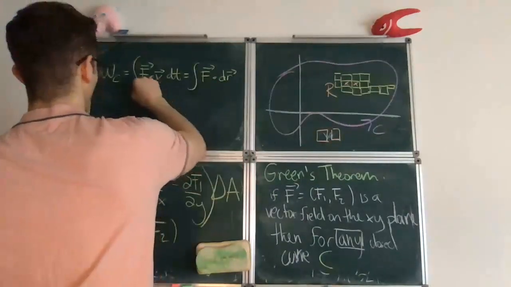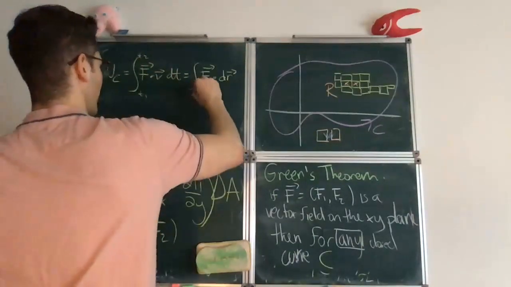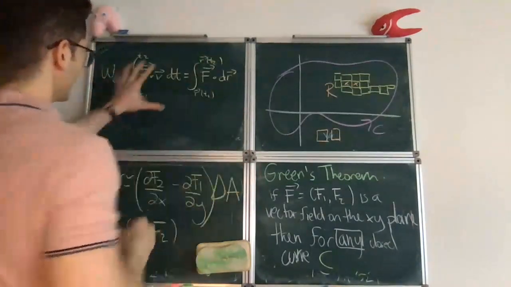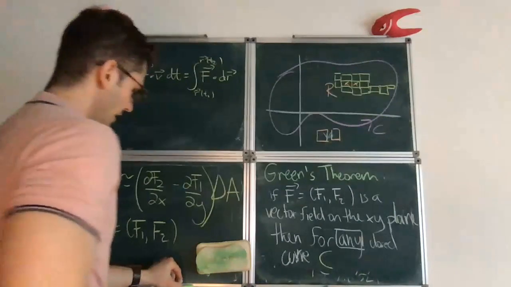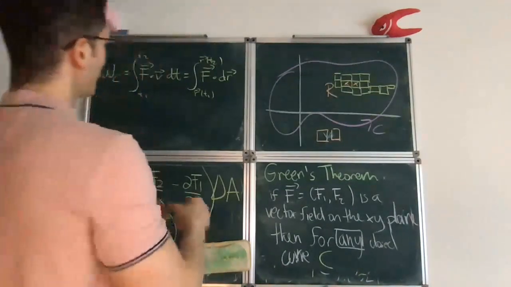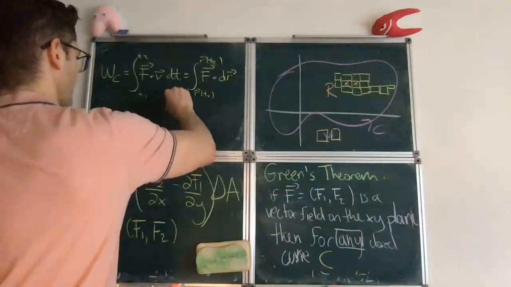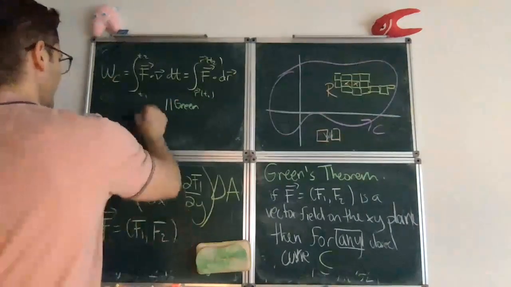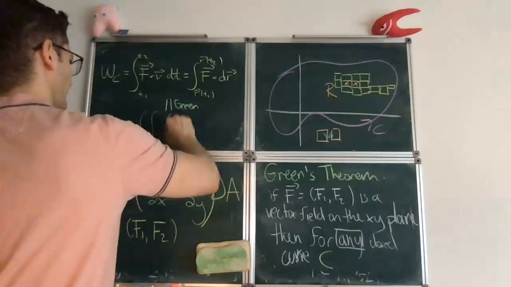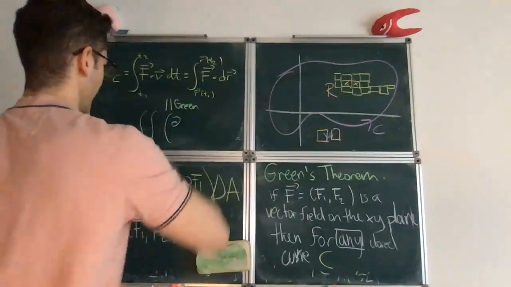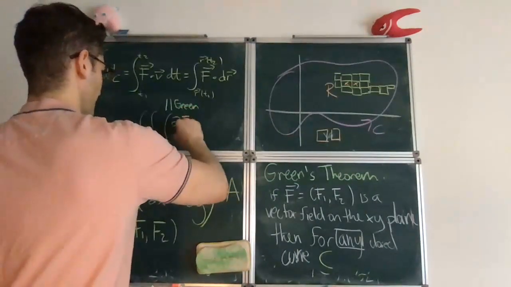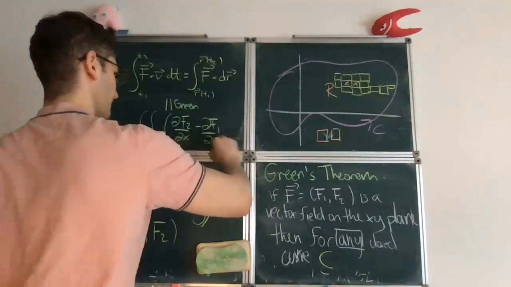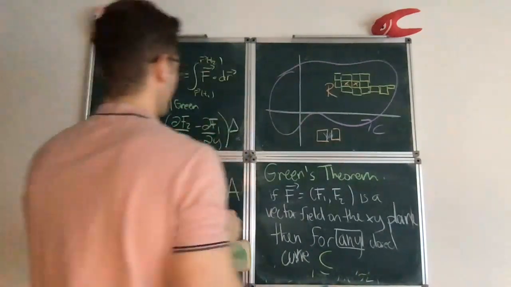So this is from T1 to T2, or R of T1 to R of T2. According to Green's theorem, instead of computing this integral, Green's theorem says that you can compute a double integral of this quantity dA.